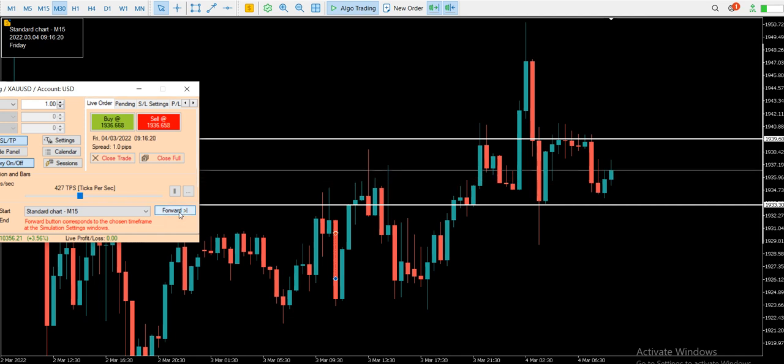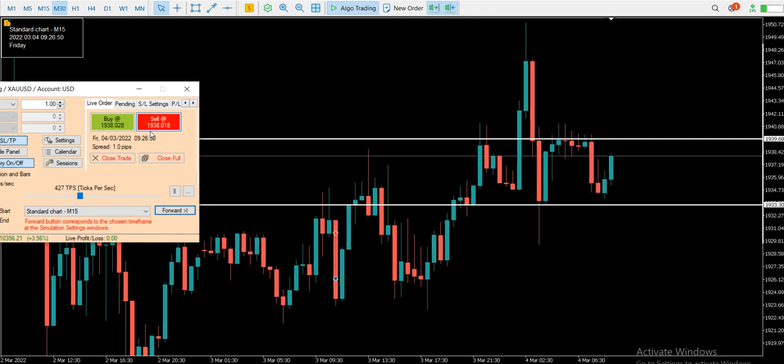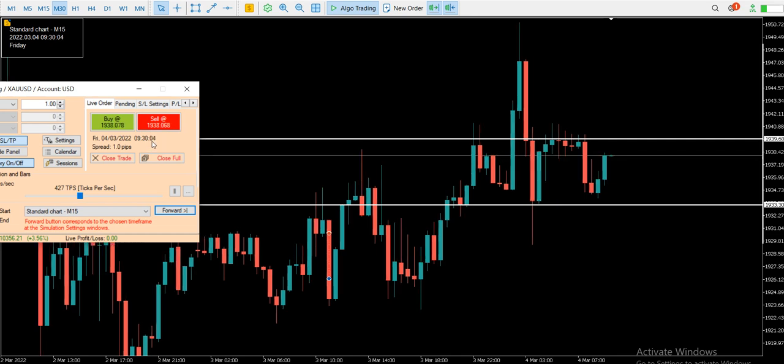Forward, M15, and now this may close. We have 5 minutes left in the candle closure. Okay, no, still stuck inside this no trade zone. No trade at this point, just wait.